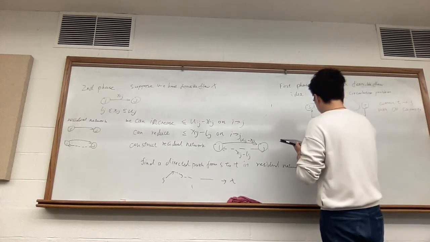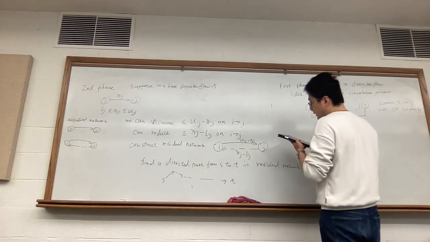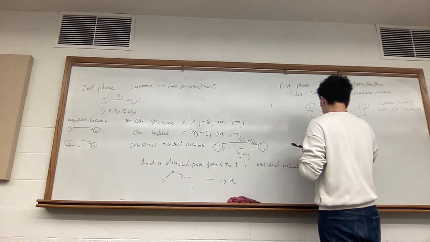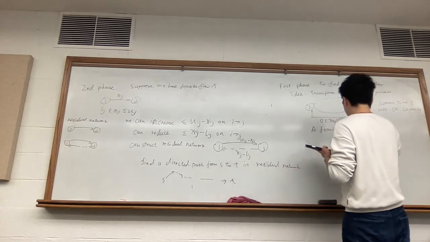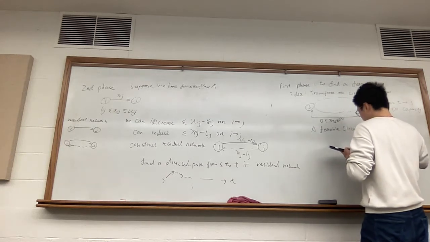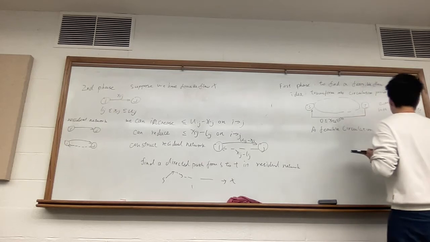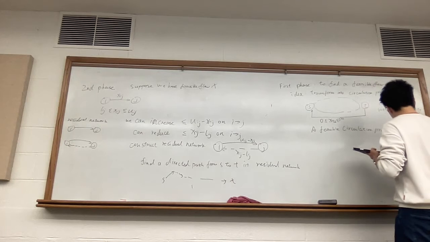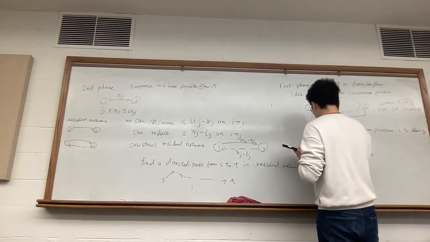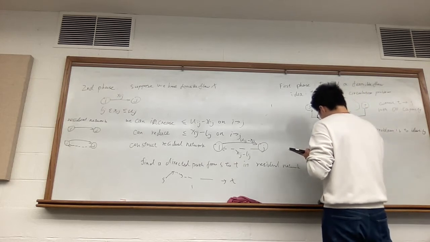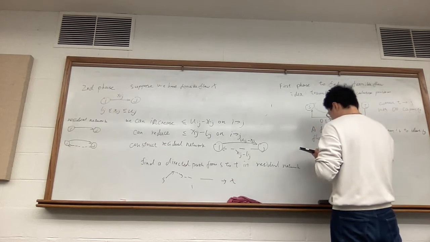Then how can we formulate finding a feasible circulation?